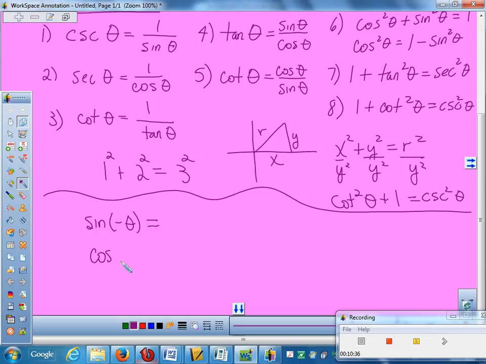There are 3 little identities that tell you what to do if you have a negative angle, because for the most part, we don't want negative angles. They're written right underneath the 8 fundamentals on your yellow sheet. But I can now explain to you why we get the answer we get. Y'all remember even and odd functions?